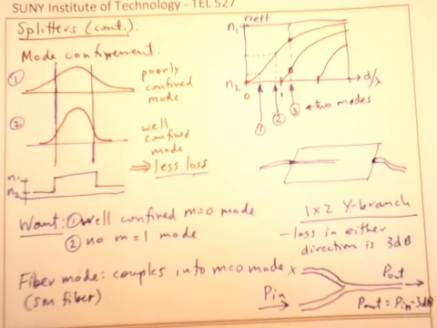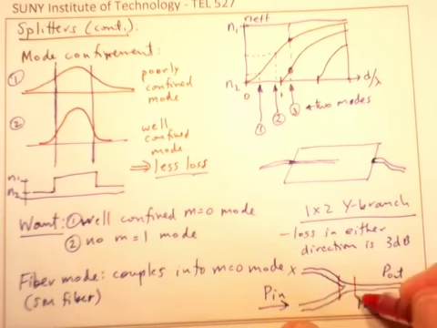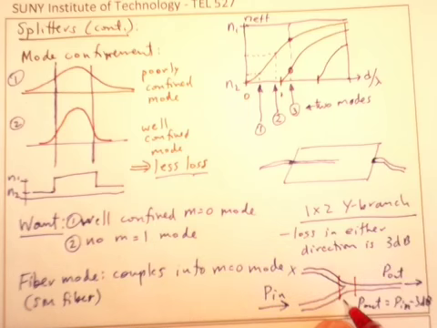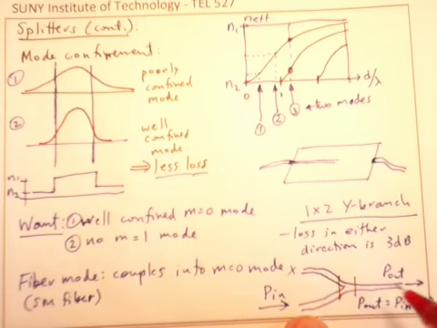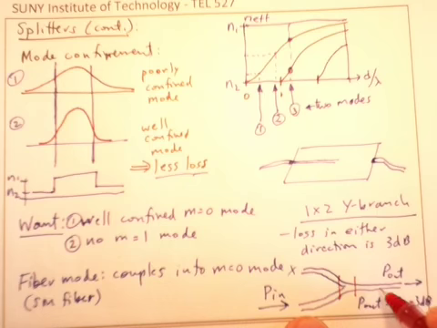And that's due to the fact that the mode in this waveguide is different from the mode in the region where we've got a very different profile to our waveguide. In this region here where we have the Y branch, we have a very complicated mode structure, and it turns out that this mode can couple into the mode in the output waveguide, but half of the energy is lost.